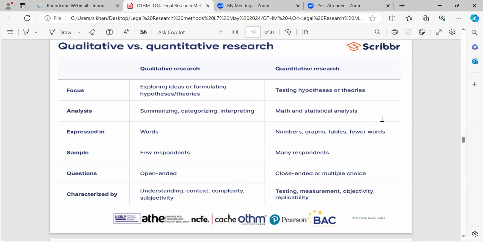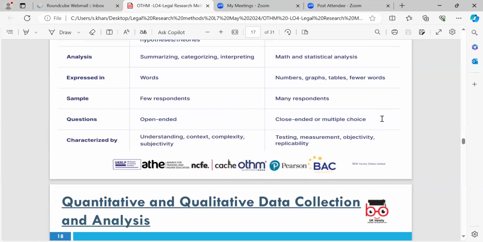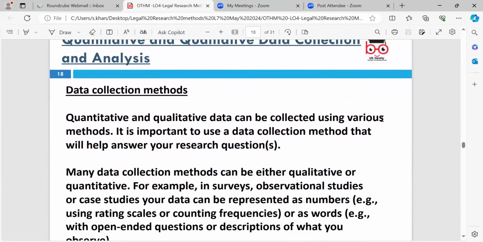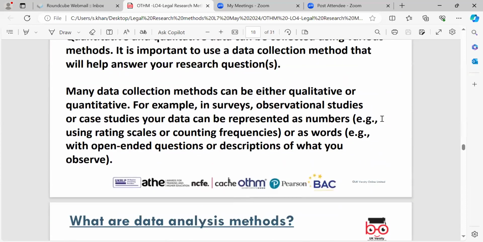The questions in qualitative research are open-ended, and for quantitative research are close-ended or multiple choice. Qualitative research is categorized by understanding context, complexity, and subjectivity, whereas quantitative research is testing, measurement, and objectivity, replicability as well.